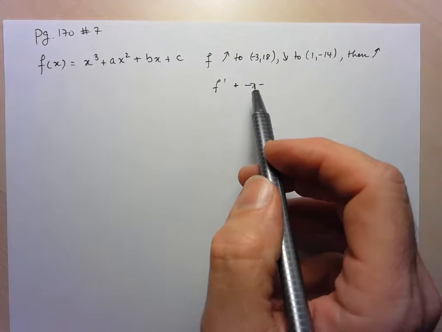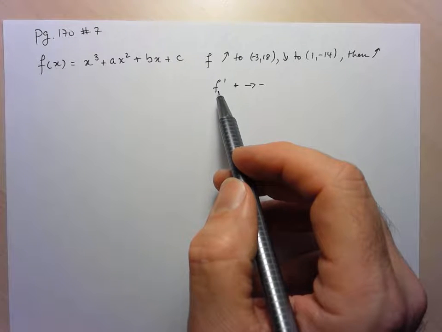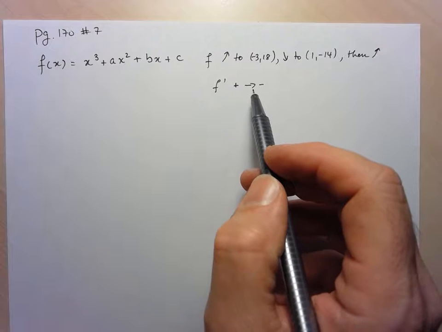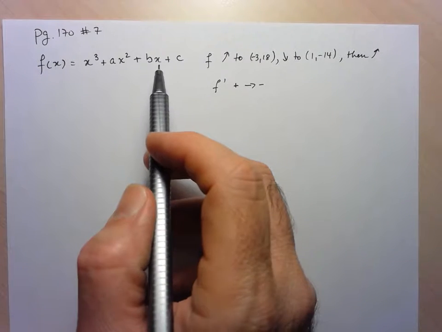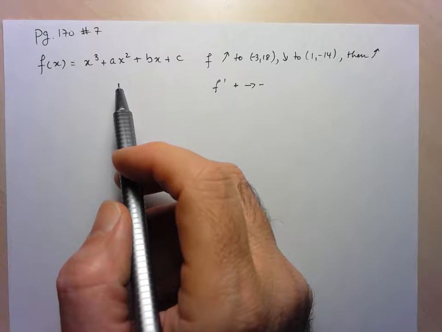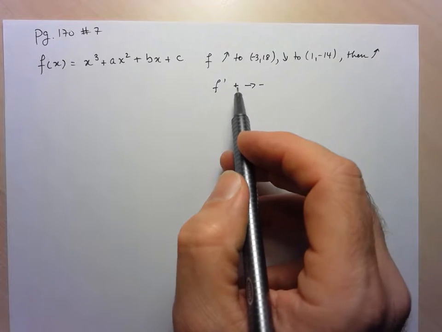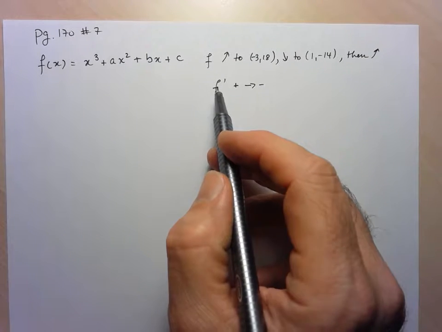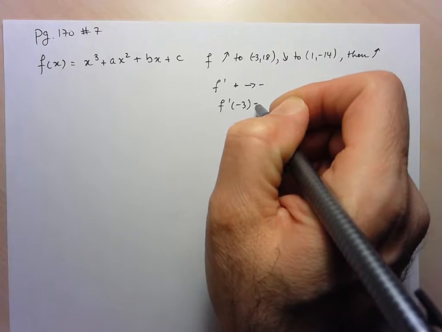The only place a function can change sign is at a zero or at a discontinuity. But since this is a cubic function, the derivative is a quadratic function, hence there are no discontinuities in the derivative. So the only place that can happen is at a zero of f prime. So f prime at -3 has to be equal to 0.